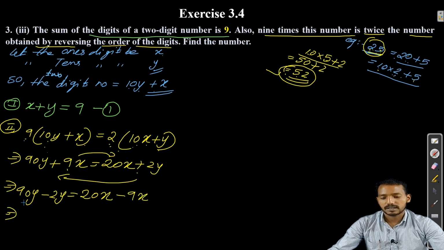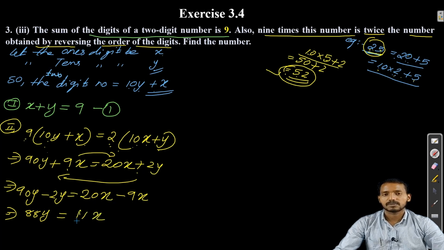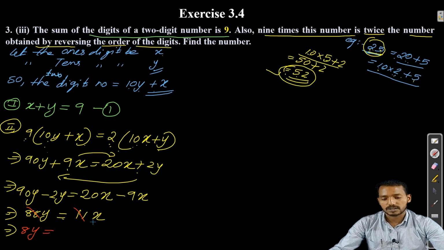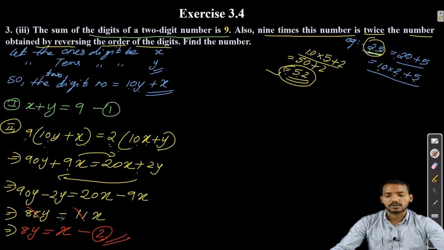That implies 88y is equal to 11x. Clear? 88 and 11 are divisible, so dividing by 11 we get 8y, which is equal to x. Equation number 2. Very simple one.